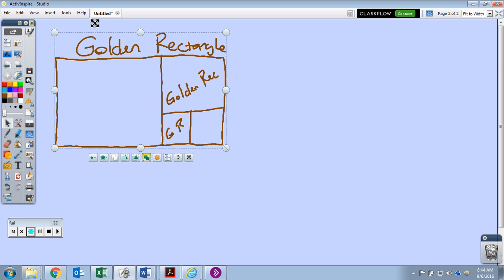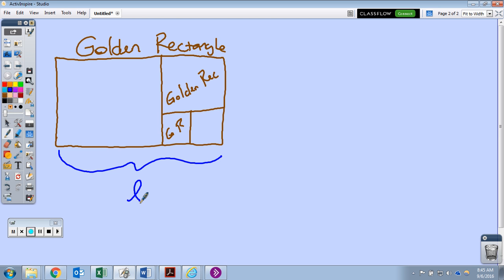So what we want to know is the ratio of this length here to this width here.